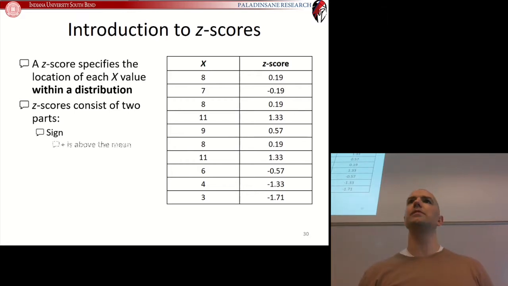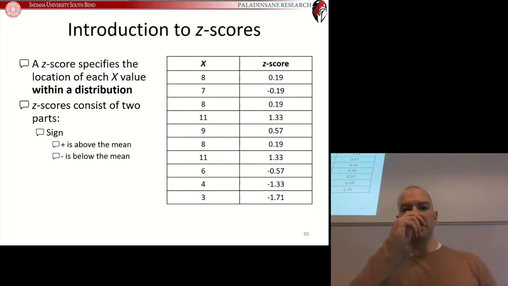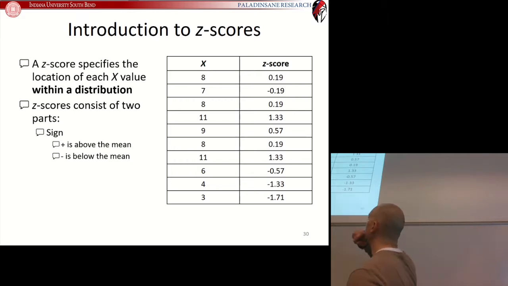So if it's a positive z-score, that means that your score is above the mean. If it's a negative z-score, that means that your score is below the mean. So if somebody tells me that they scored a 1.33 on their exam, their z-score for their exam was 1.33, I don't know what the exam is out of.